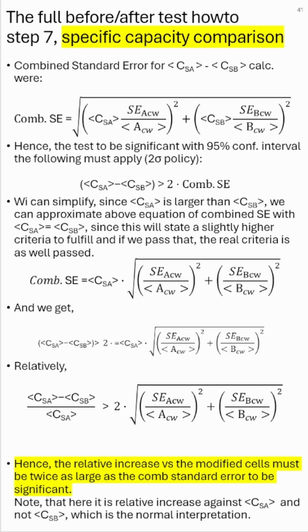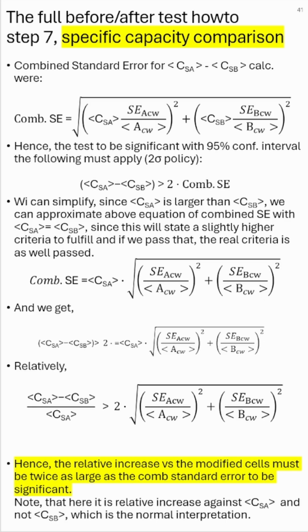The full before-after how-to test, step 7. So, specific capacity comparison test now. So now we want the combined standard error. We want to test, is there actually a significant difference between these two?